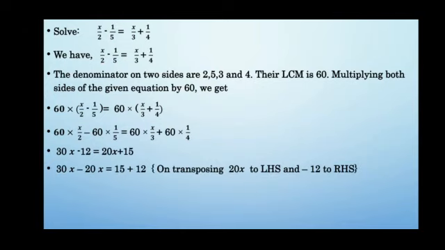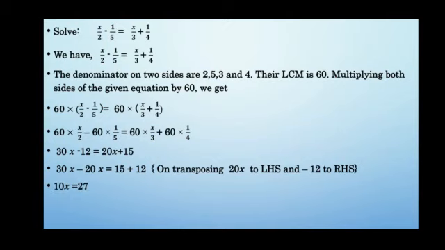So, according to the transposition rule, we have to move all variables to one side and the constants to the right hand side. So, transpose the 20x from the right hand side to the left hand side, it will convert to -20x, and the constant -12 from the left hand side to the right hand side, it will convert to +12.